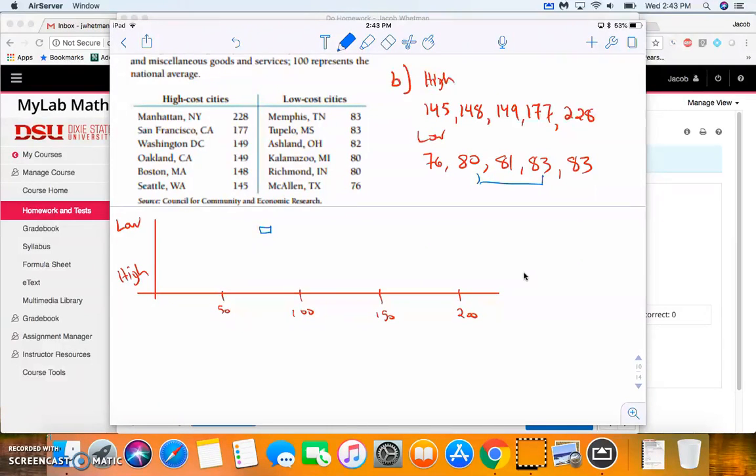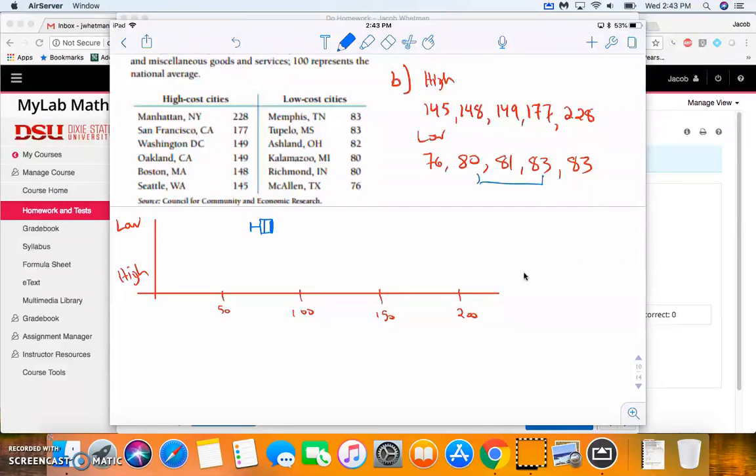And then I'll make it a little bit bigger so you can see it. So there's our box. Our median is 81, so that'll be our median right there. And then we go down to 76, and then our maximum is the same as that quartile 3, so it actually doesn't have that right-hand whisker. But there would be the box plot for the lower cost cities.